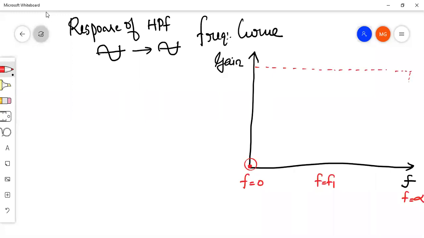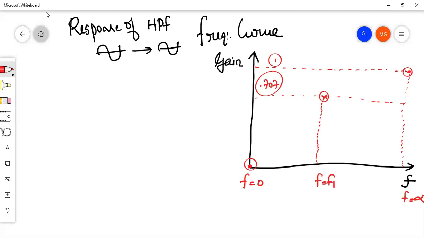Assume that infinity is somewhere over here, so I got a point over here, and the value is 1. When F equal to F1, I got 0.707, so I got 3 points. It's clear?